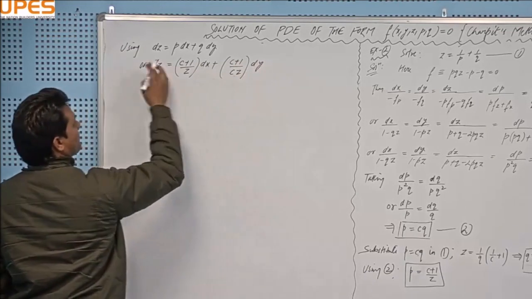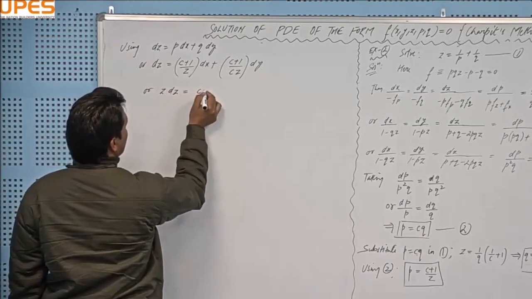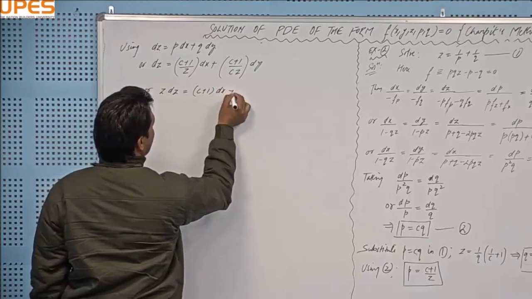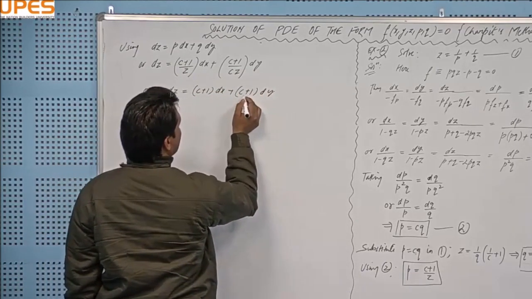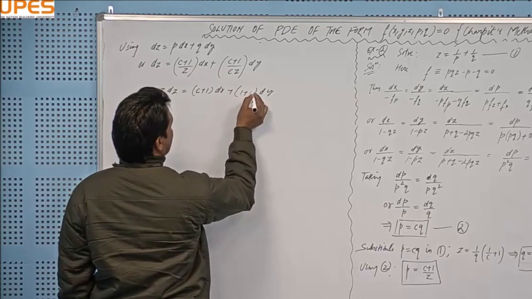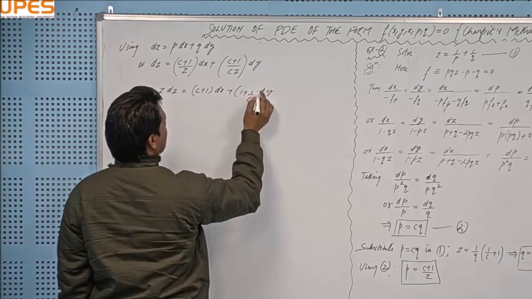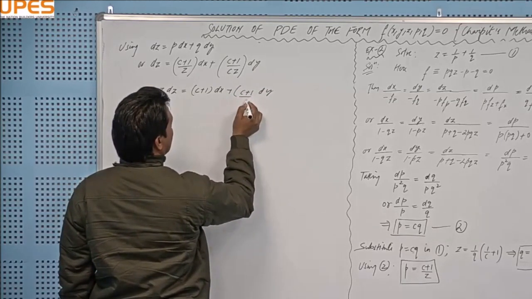Then you will see that Z can be taken here. This will give me Z dz is equal to C plus 1 dx, and then C plus 1 dy over C, right? Now you can write it as 1 plus 1 over C. It's fine. C plus 1 over C.